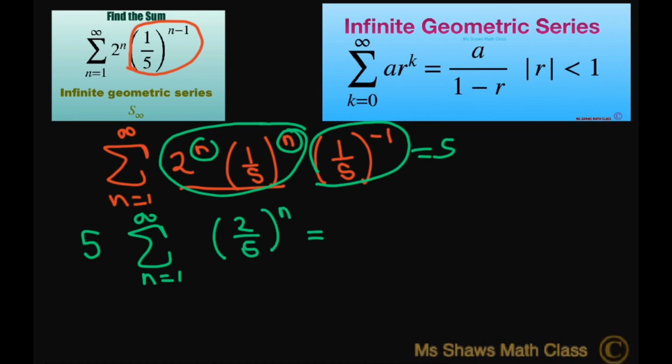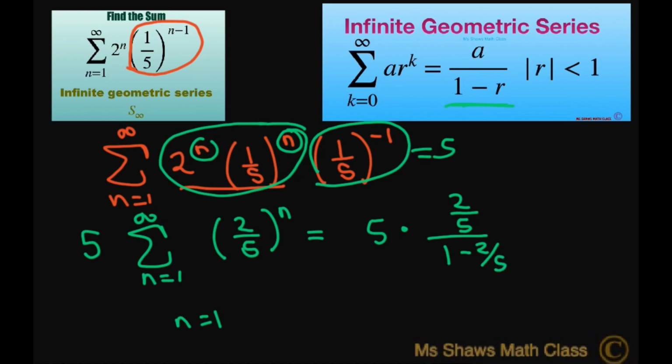Now in this case, your first term, so when n equals 1, you'll get 2/5. So your first term, using this formula again, you're going to get 5 times 2/5 divided by 1 minus 2/5.